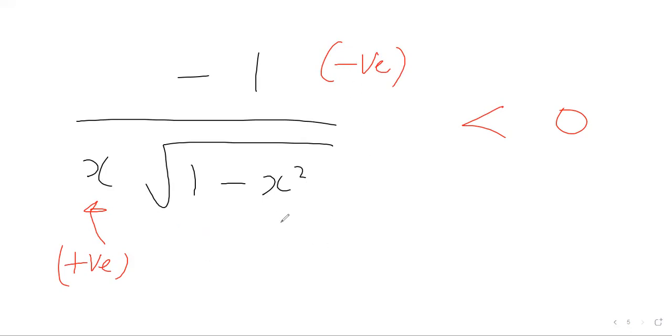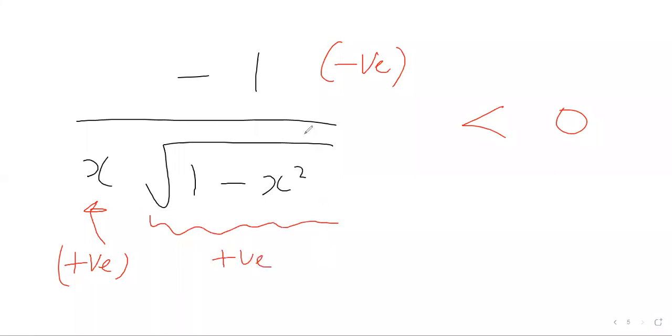Well, x is a positive number between 0 and 1, and we're squaring that number, so x squared is between 0 and 1. When you do 1 take away a number between 0 and 1, you get a number between 0 and 1. So the entire thing inside the square root is between 0 and 1. The square root of a positive number is a positive number, and it exists in the real numbers. So we've got a positive number there.